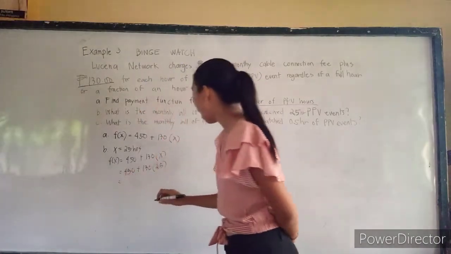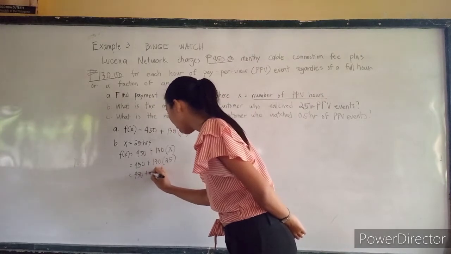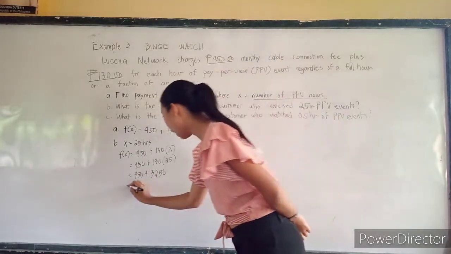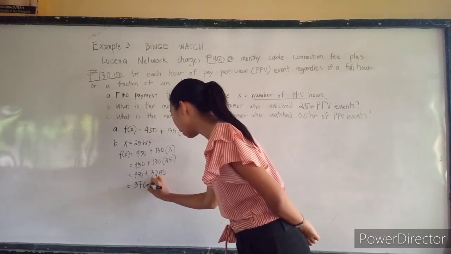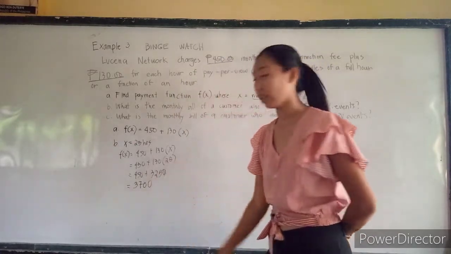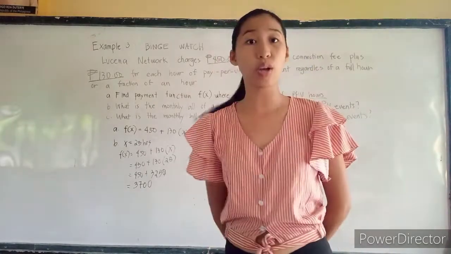Okay? Then, 130 times 25 is going to be 3,250. When you add the two, it is going to be 3,700. Right? 3,700. So, as I saw in the module, the answer is actually wrong in that part.